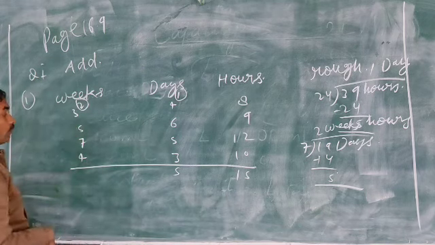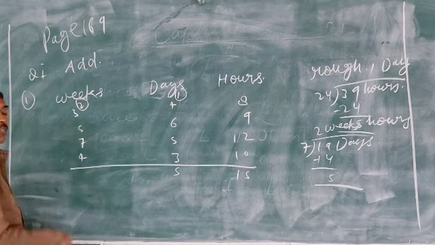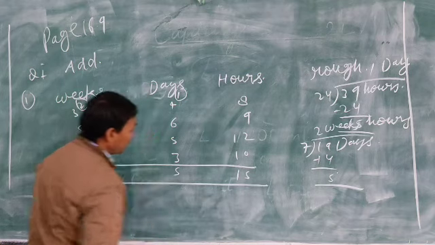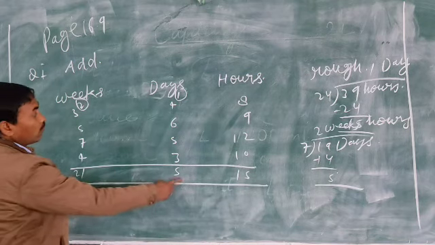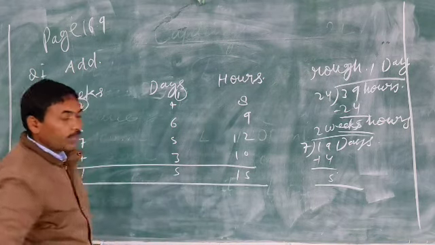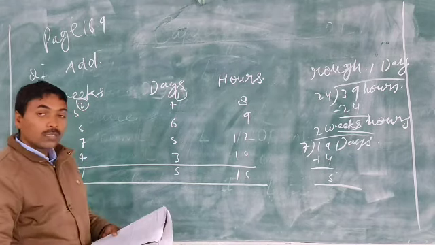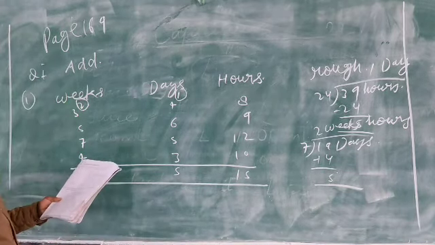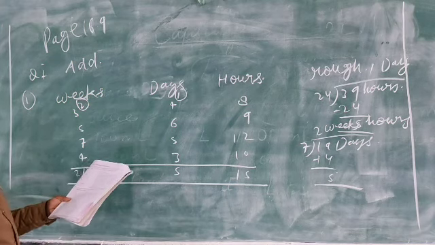So 3 and 2, 5, 5 and 10, 17 and 4, 21. So the answer is 21 weeks, 5 days and 15 hours. I hope you understood. And let us come to the third one.